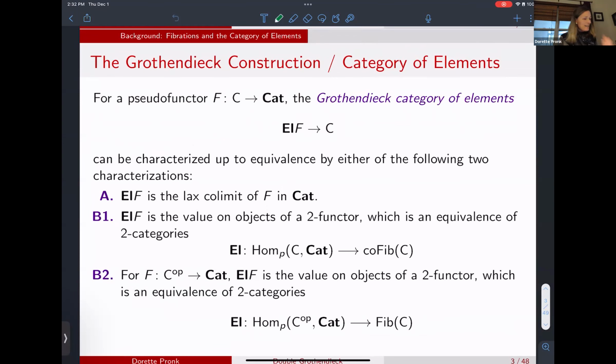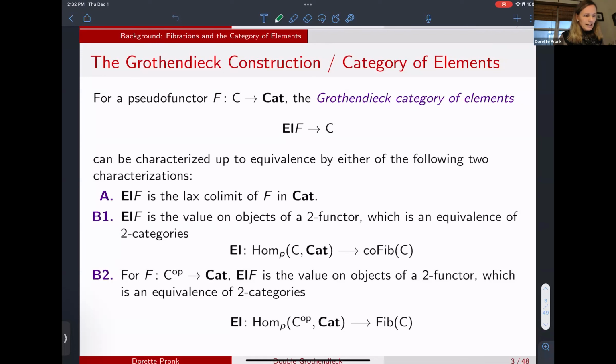So let me quickly remind people about the Grothendieck construction. The first slides are all stuff that we have been talking about the whole week already, but I just want to set my notation and give the background of how I want to look at things.